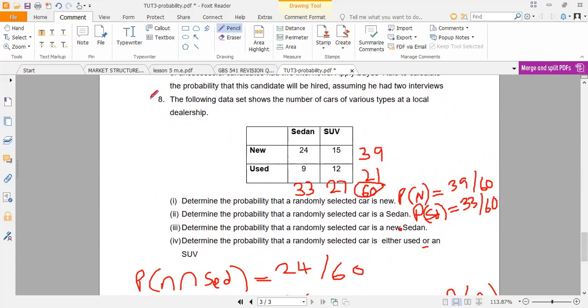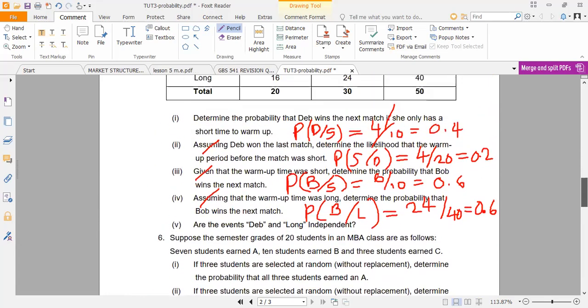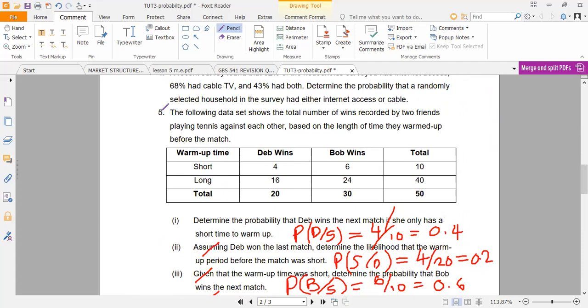Question number 4 and question number 5. Okay. I hope the class was clear.